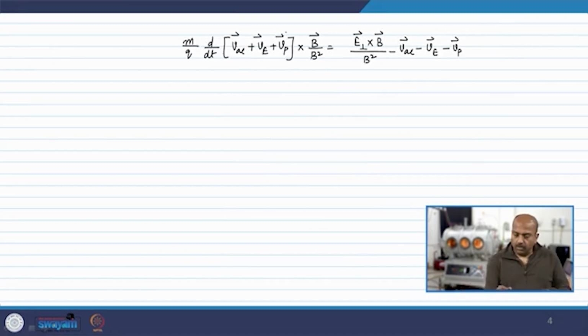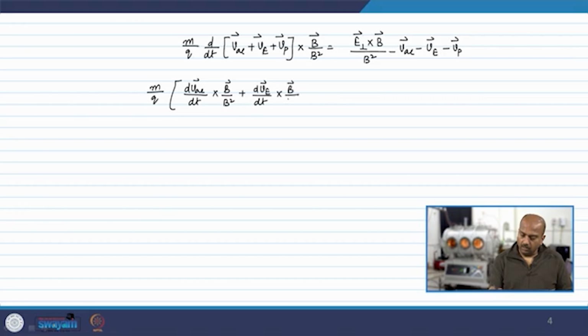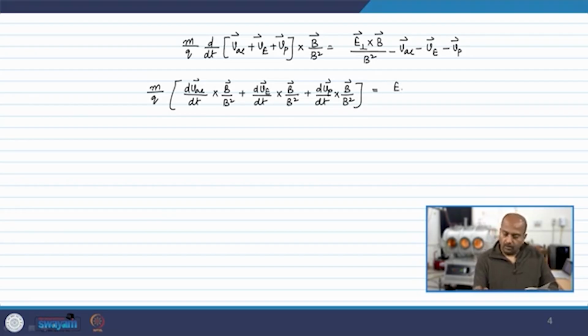All right. Now we will take this B by B square inside, and we will be able to write m by q, dV_AC by dt cross B by B square plus dV_E by dt cross B by B square plus dV_P by dt cross B by B square is equal to E perpendicular cross B by B square minus V_AC minus V_E minus V_P.